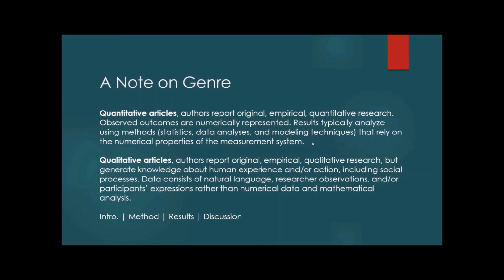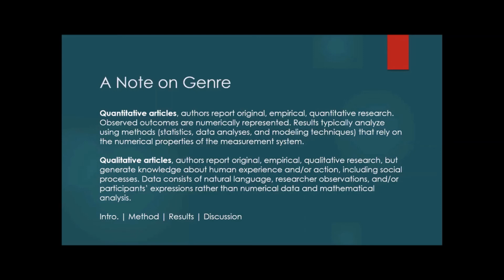Whereas qualitative articles, and just an aside, they can be mixed, but qualitative articles in particular have their own set of research norms, which is to generate knowledge about human experience, including social processes, and their kind of evidence includes natural language, observations, participants' expressions, things like that, that can't be measured numerically as some other kinds of studies might.